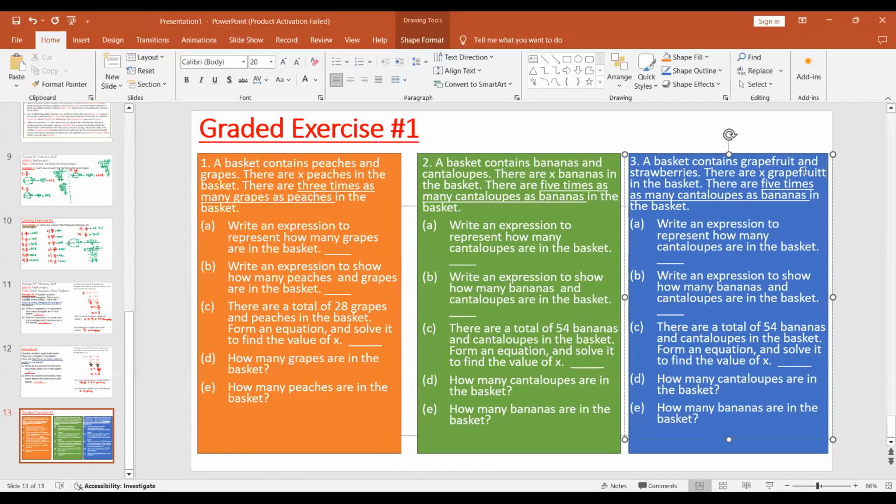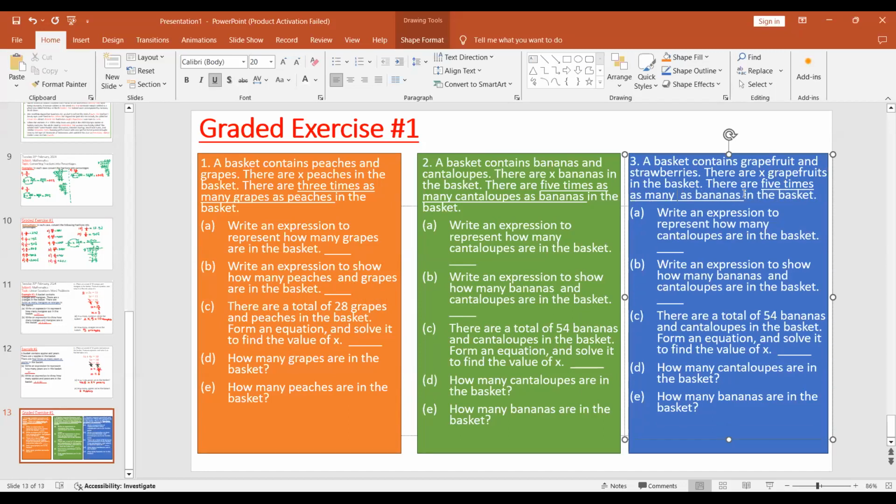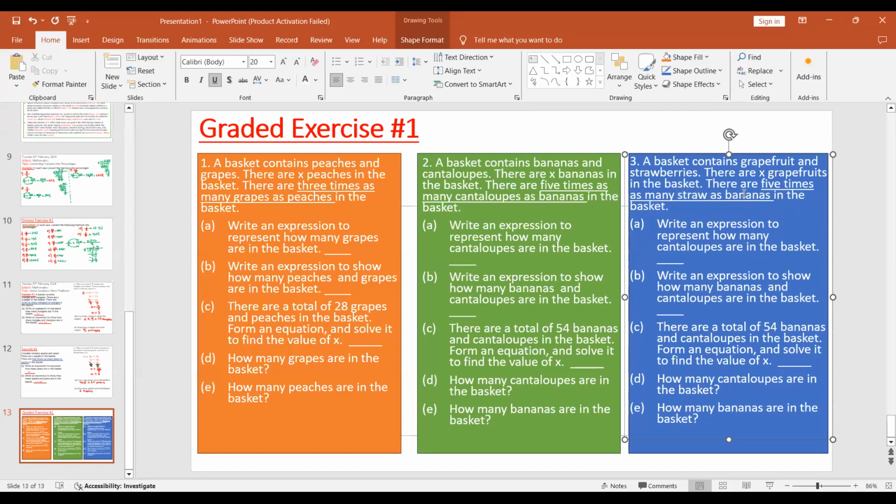There are X grapefruits in the basket. There are 5 times as many strawberries as grapefruits in the basket.